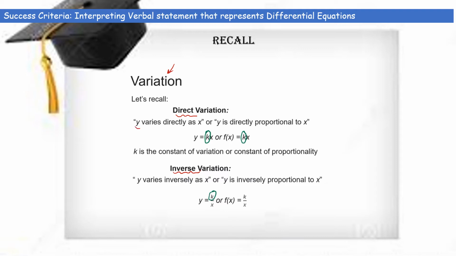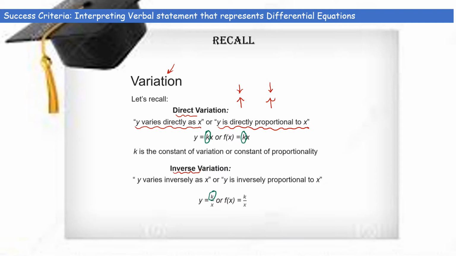If I say y varies directly as x, or y is directly proportional to x, it means that if y is increasing, the x is also increasing. If y is decreasing, the x variable is also decreasing. So they are directly proportional to each other. Whatever is happening with the independent variable, the same is happening to the dependent variable.